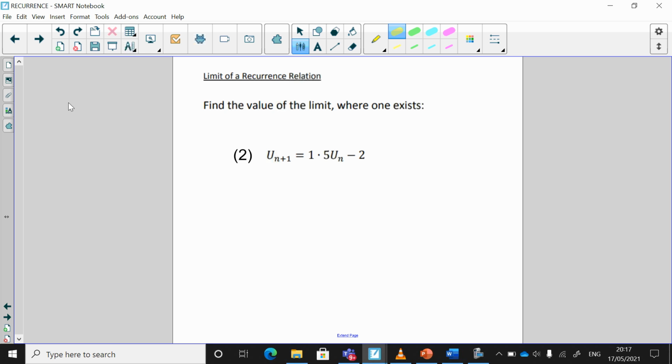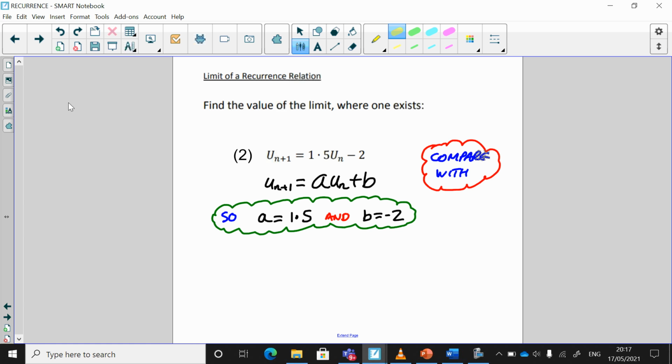Okay, u(n+1). The next term depends on 1.5 times the present term, take away 2. Okay. We're going to compare it with the general formula, which is a times u(n) plus b. A, we're interested in that.